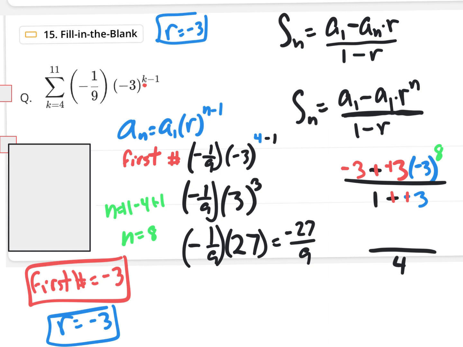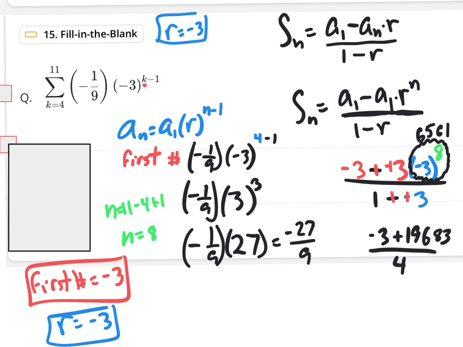That's going to give us 6,561. So this value is 6,561. And then we still need to multiply it by 3. So since it's on my calculator, I'm just going to hit times 3. And that'll give me 19,683. All right, so my new problem is negative 3 plus 19,683.